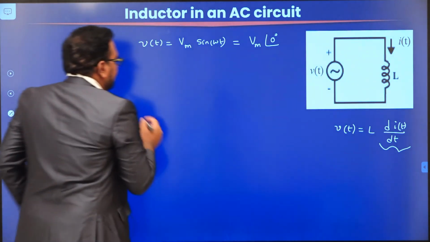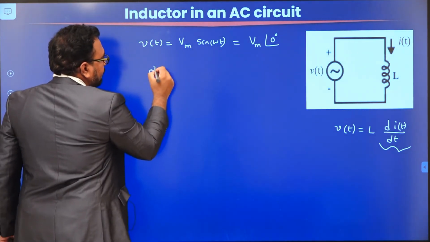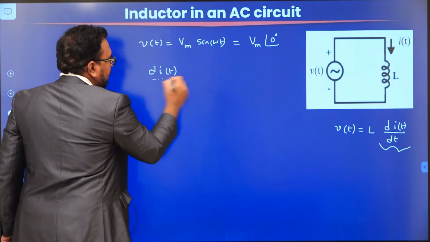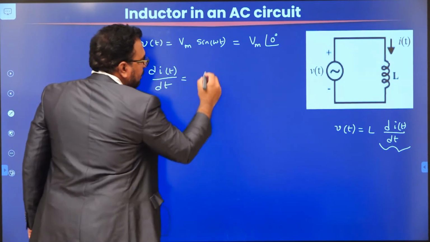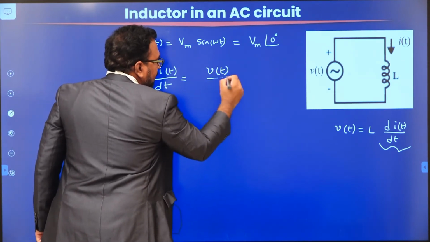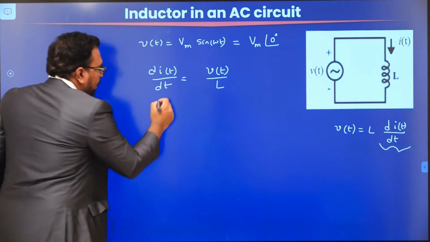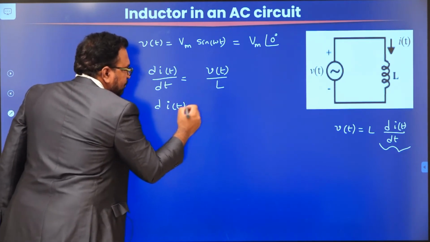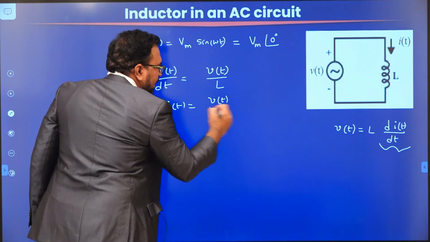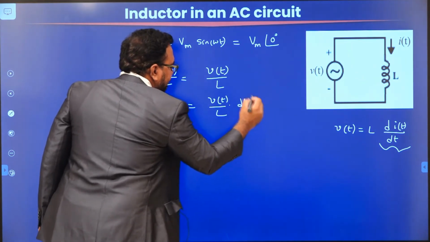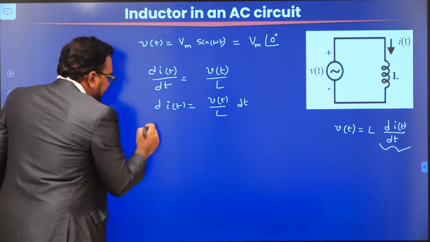So from that relation, how will you calculate the current? di of t by dt is V of t divided by L. Now what is di of t? It is V of t by L into dt. Now integrate on both sides.